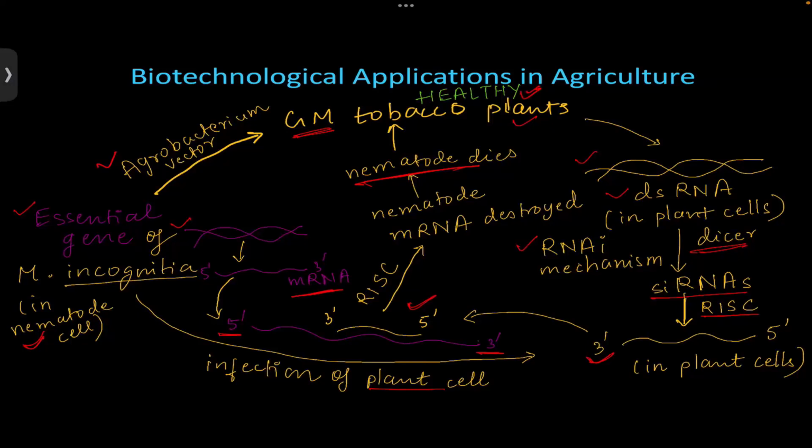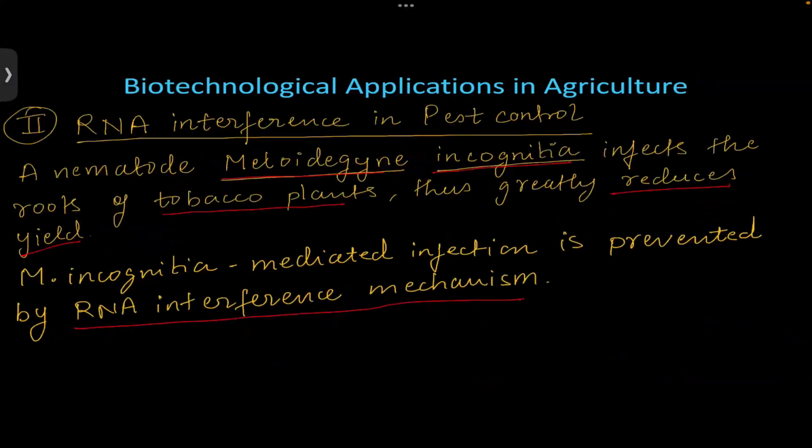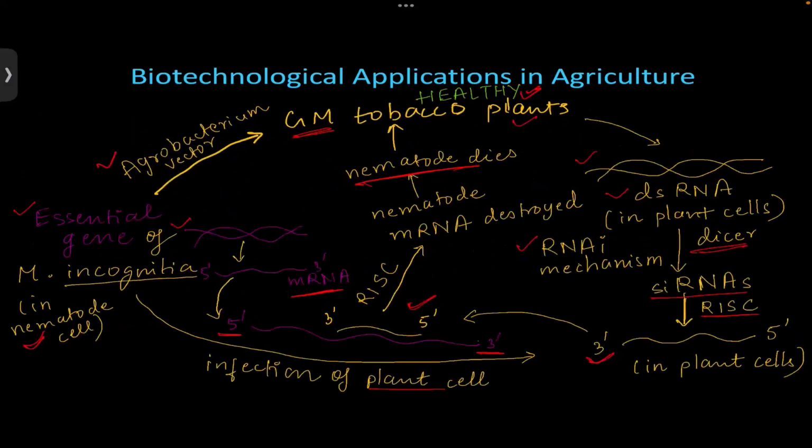So this is how the RNA interference mechanism is used to protect the tobacco plants from its parasite M. incognitia, where M stands for Meloidogyne incognitia.